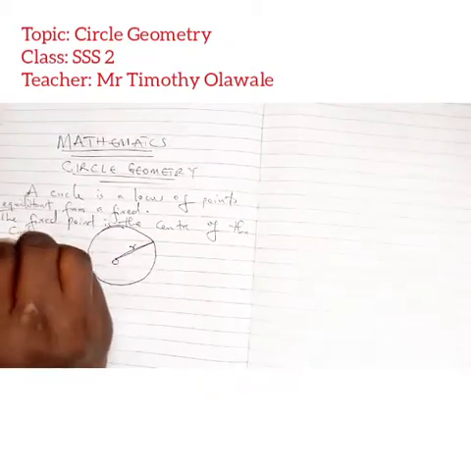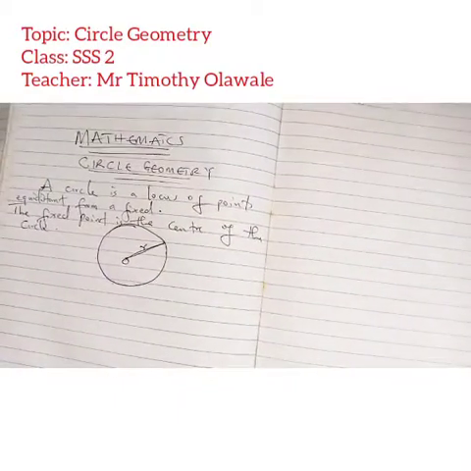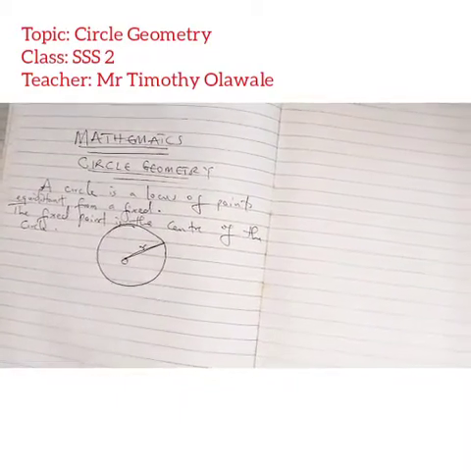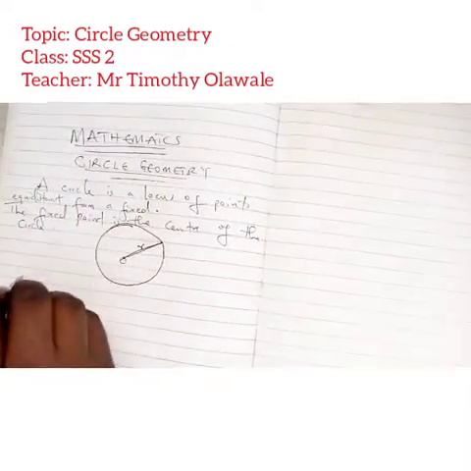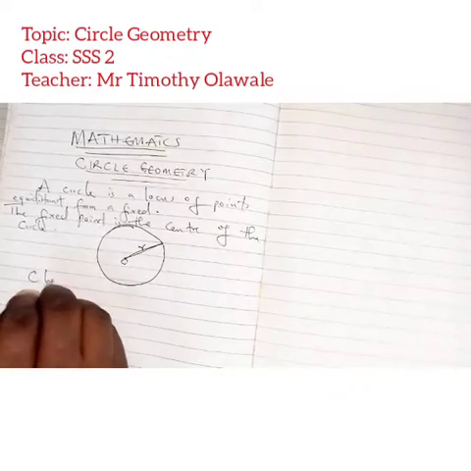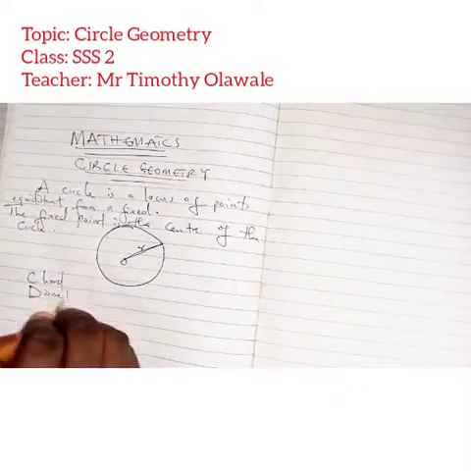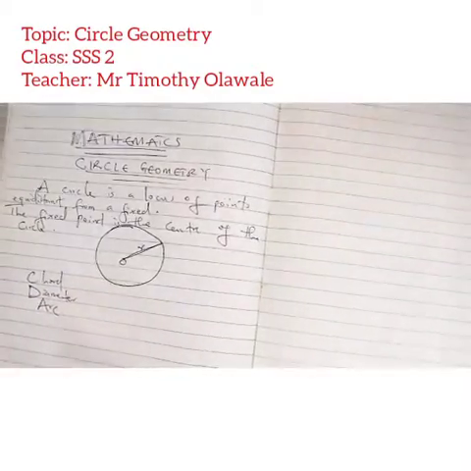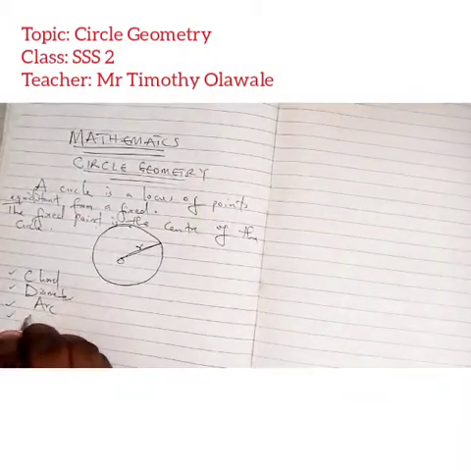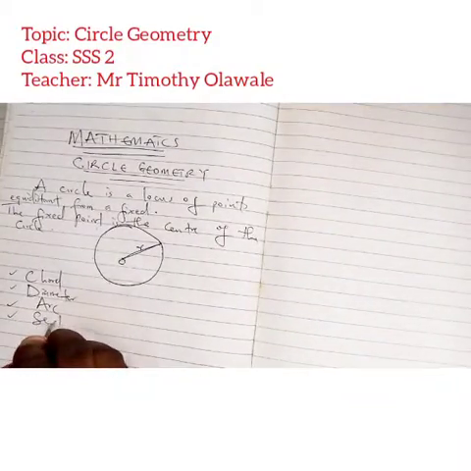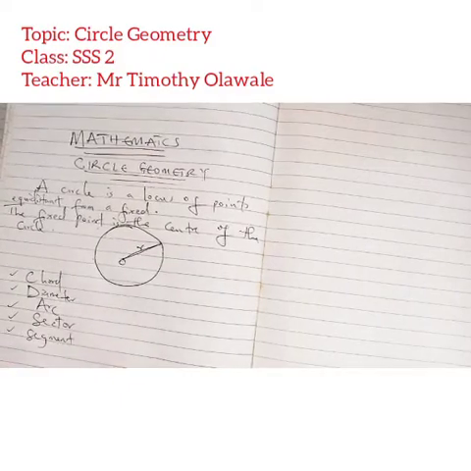Okay. So now, before we go to the theorems, as I said, let's look at some important things we talk about when we deal with circles. We talk about a chord, a diameter, an arc, a sector, and segments.